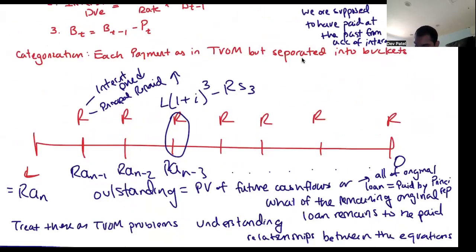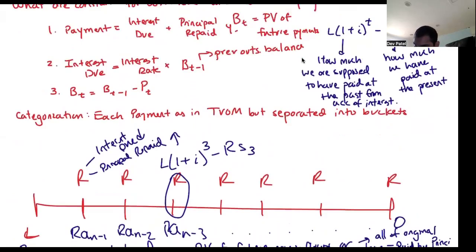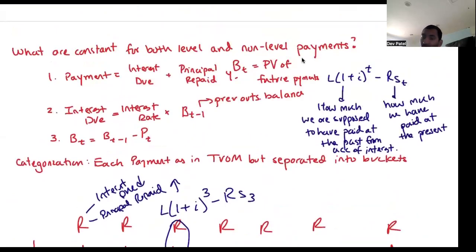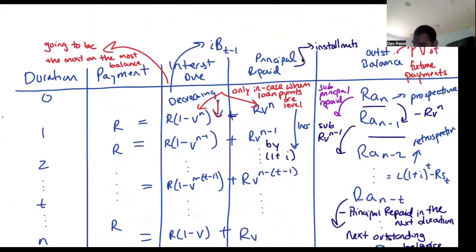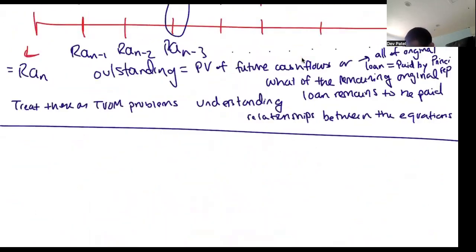And as I mentioned in the beginning, the fundamental understanding here is that each payment is categorized into the payment for interest and the payment that you're making for the original loan amount. So that's loans in a nutshell.